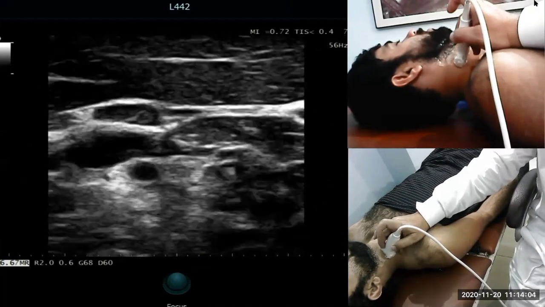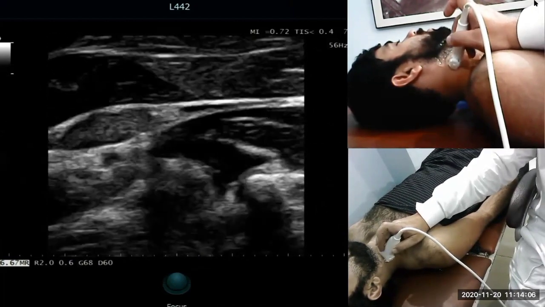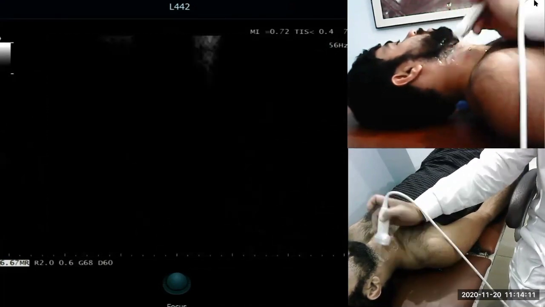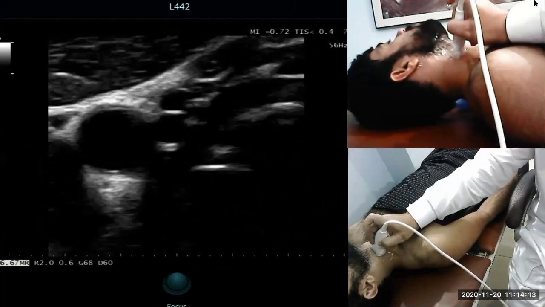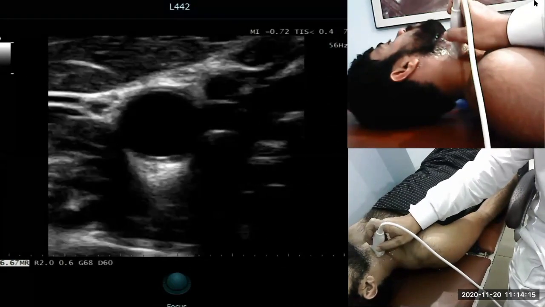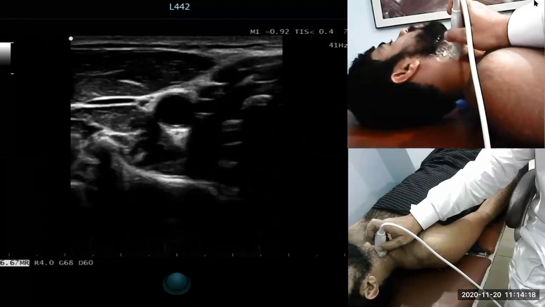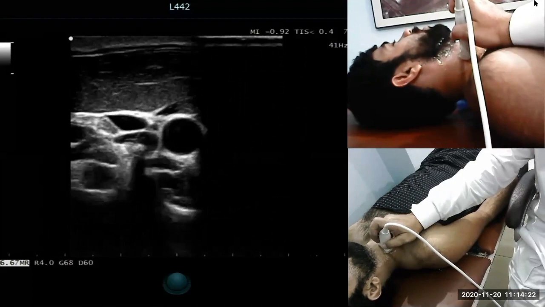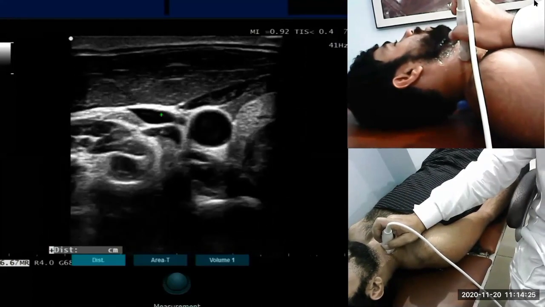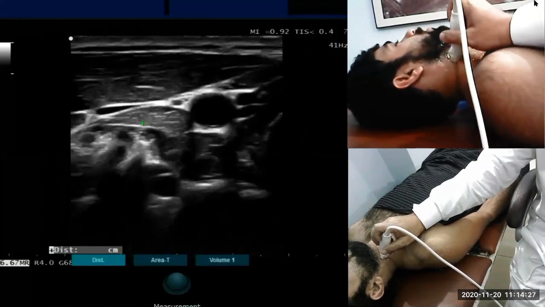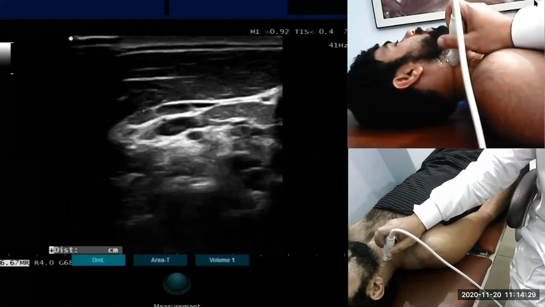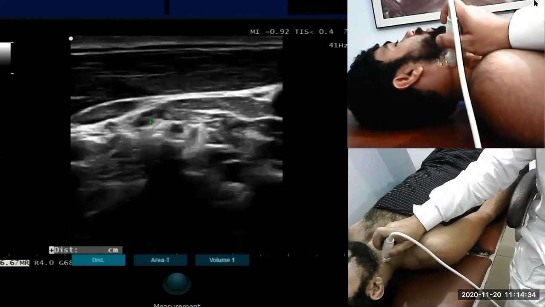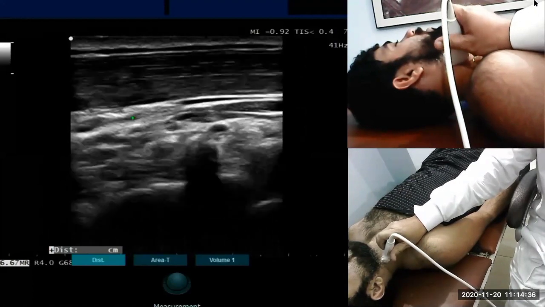We have seen the common carotid, the internal jugular, and also adjacent to these, you can appreciate these tubular lymph nodes, very frequently seen here.